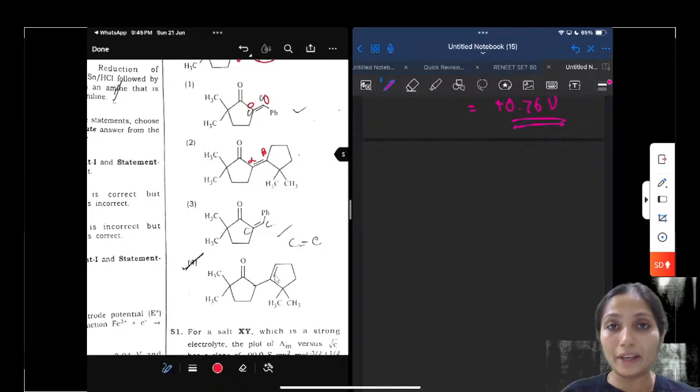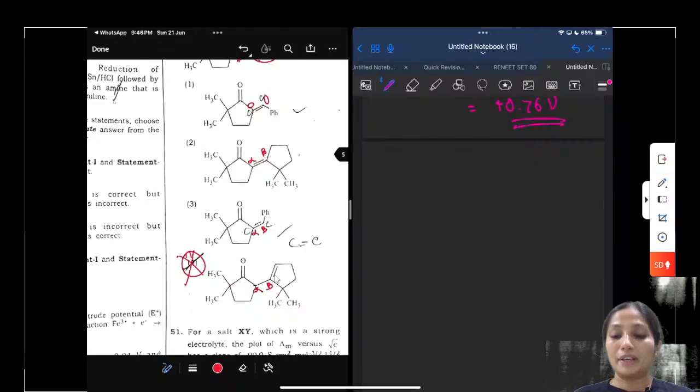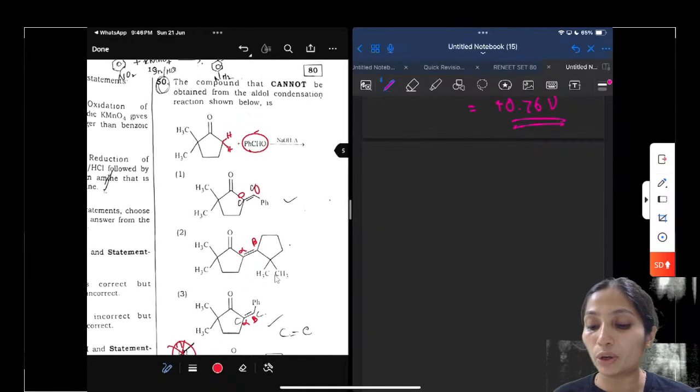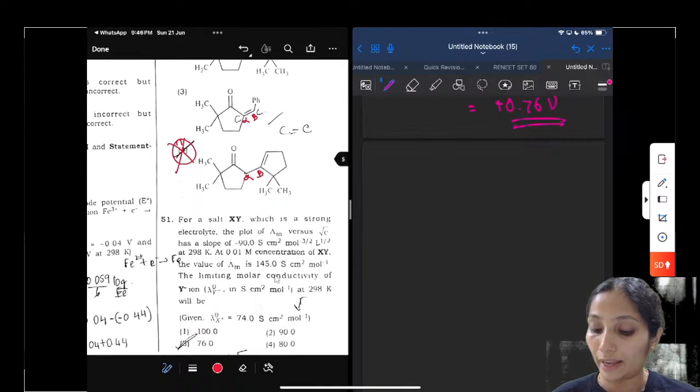Here also alpha beta unsaturated product formation is taking place, and here also alpha beta unsaturated, but here there is no alpha beta unsaturation. So option 4 is not applicable here. This will not be formed by the aldol condensation reaction.